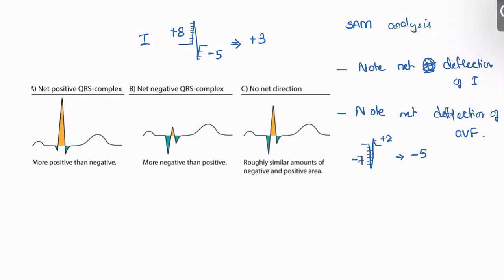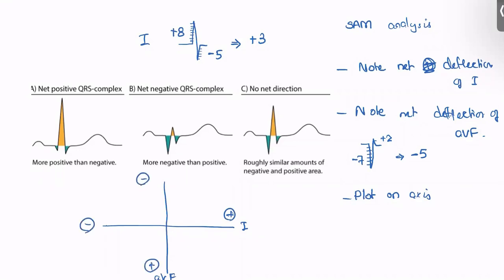Then plot on the axis. Lead 1 here and AVF here, positive here, negative there. For lead 1, it is plus 3. For AVF, it is minus 5, and minus is up. So we plot the cardiac axis at this degree.